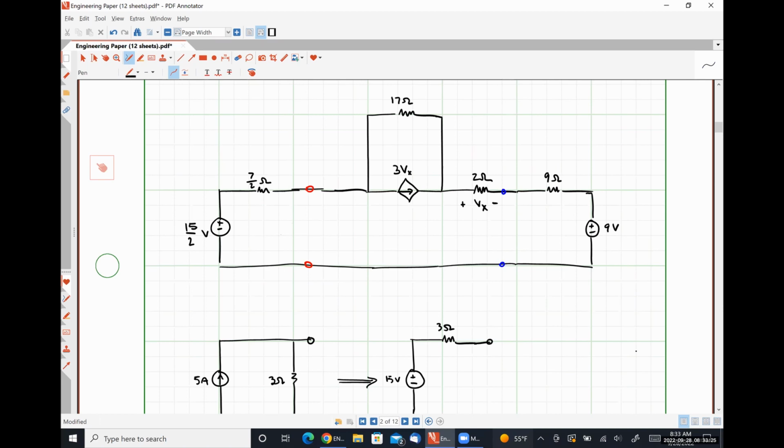And let's look at this practical current source containing the dependent current source that's connected at these green set of terminals, right? So what's that going to look like?